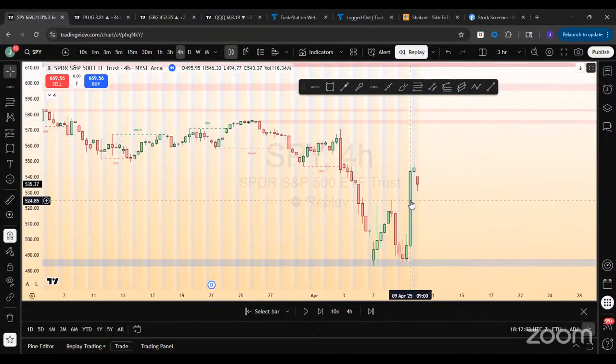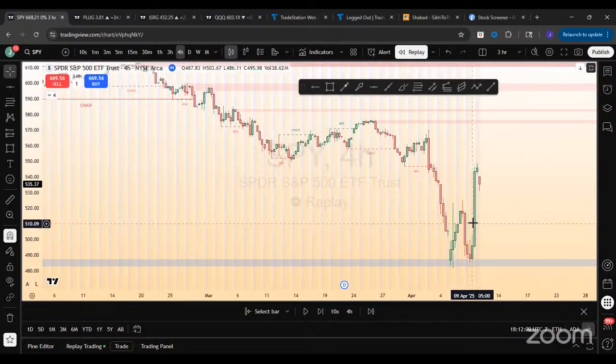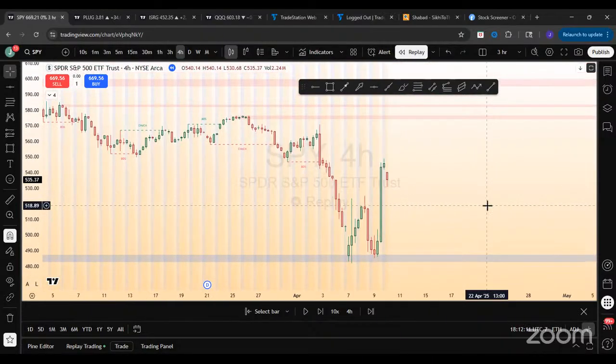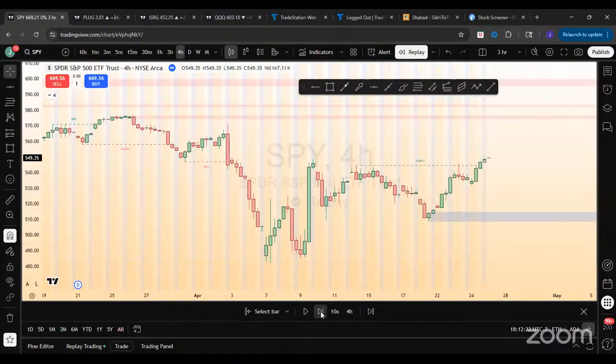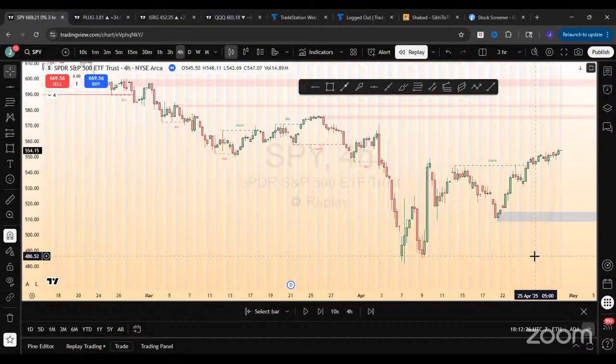This was a pretty big impulsive candle in the 4 hour, right off of that order block. Let's see, where do I get the swing? So it gives me a local change of character.